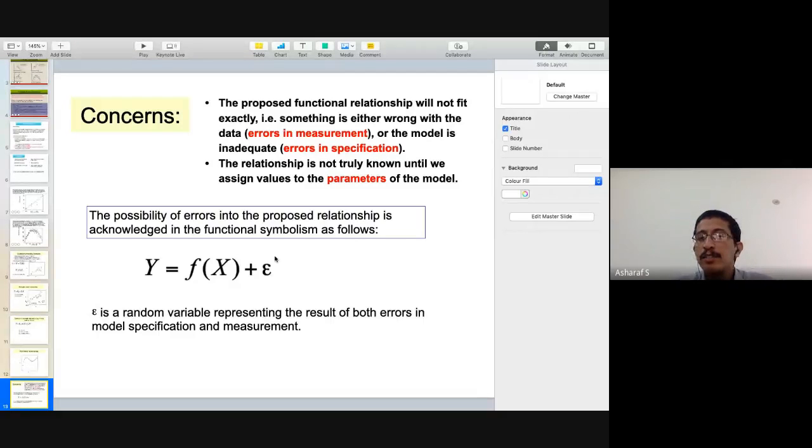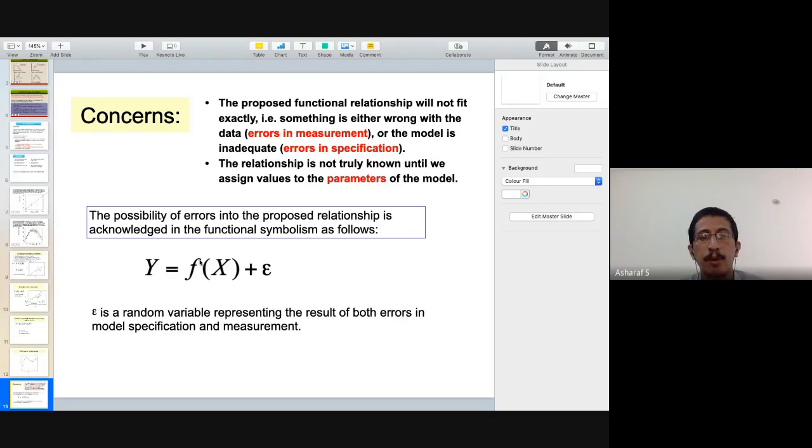The possibility of errors in the proposed relationship is always there, and it can arise either due to an error in measurement when you take samples through which you model the relationship, or it can even be that f is inadequate to represent the relationship. There will always be an error. Epsilon is a small random variable representing the result of both errors. Right? It can be a specification error or it can be a measurement error. Whatever be the case. So this is a general form of regression modeling, right?